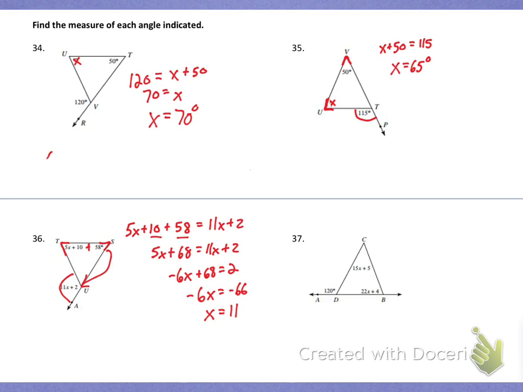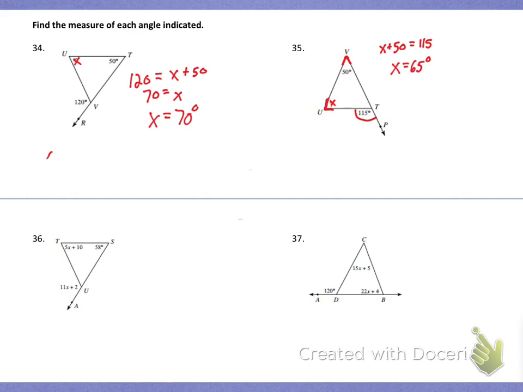I did something wrong there, I can already tell. No, 66 divided by 6, yeah, that is 11. All right, let's retry this problem and see what I did wrong. So I know this angle plus this angle equals this outer angle. So 5x plus 10 plus 58 is equal to 11x plus 2.